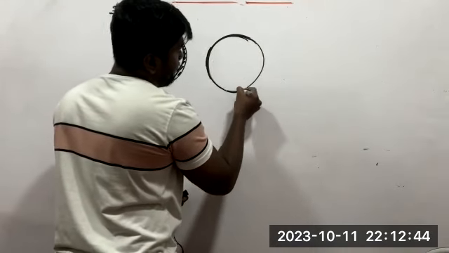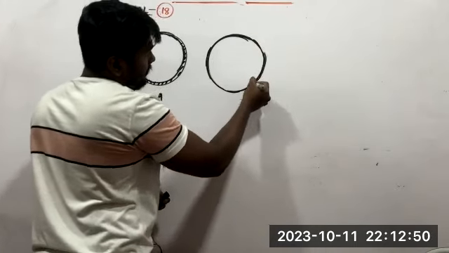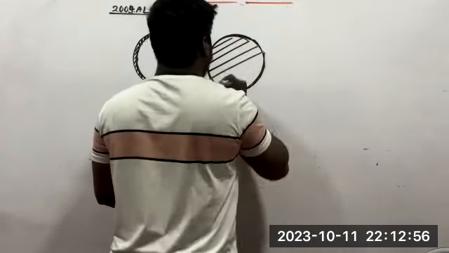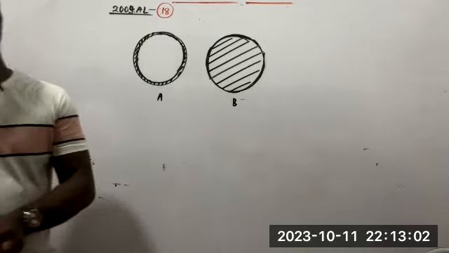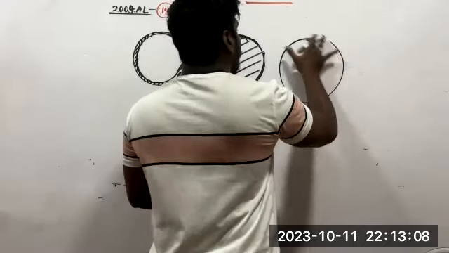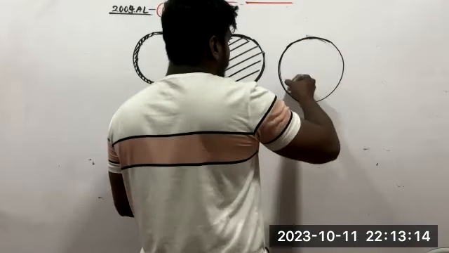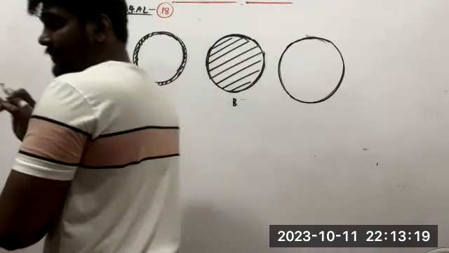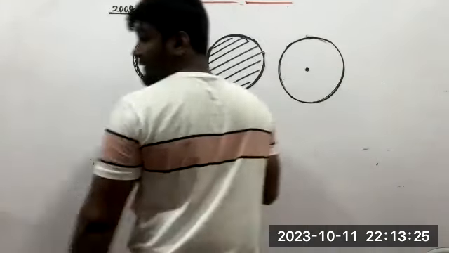It's a very important point, so put this in your short notes. Disk. Capital B. Or capital C. Capital C seems like a bicycle rim.